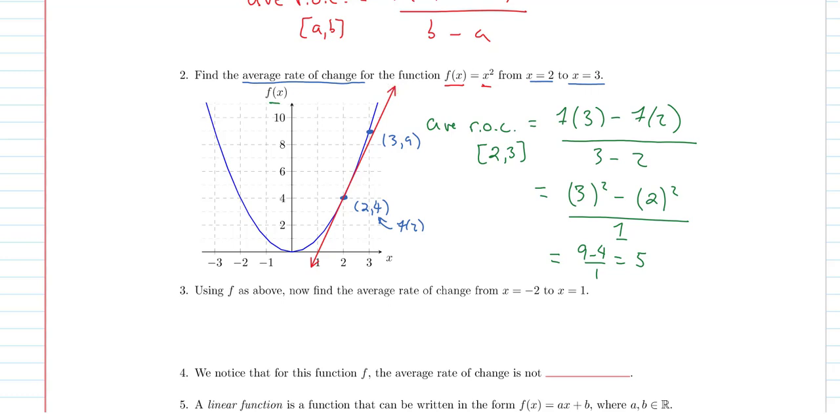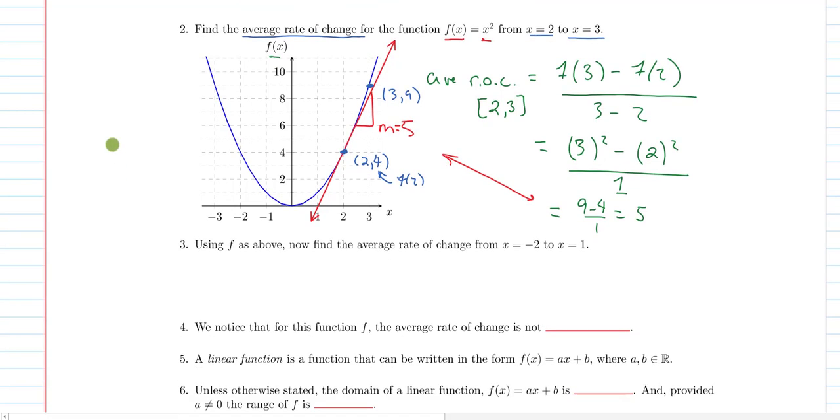The slope of this line right here, and I apologize folks, it's supposed to be passing between these 2 points here, but the slope of this line is equal to 5. And it is the slope of this line which is our average rate of change. So if we were to take our graph, which is not necessarily the graph of a line, that's an important thing to notice, if we were to find the slope of the line connecting those 2 points, that slope of the line gives us the average rate of change.